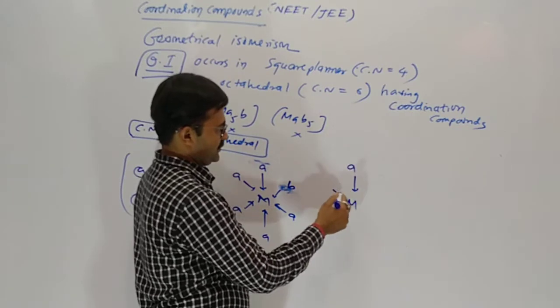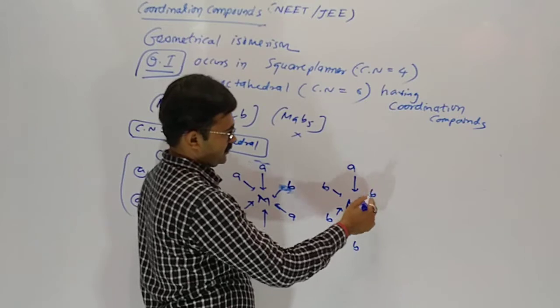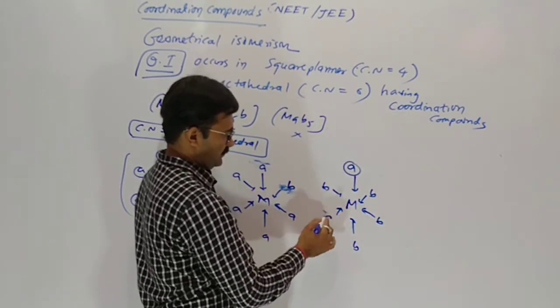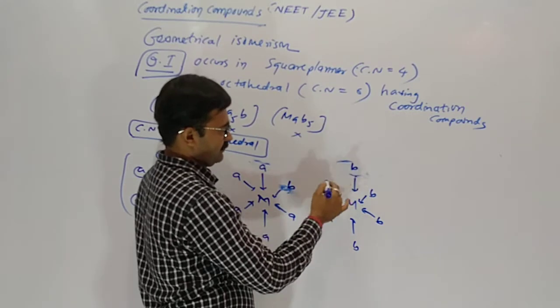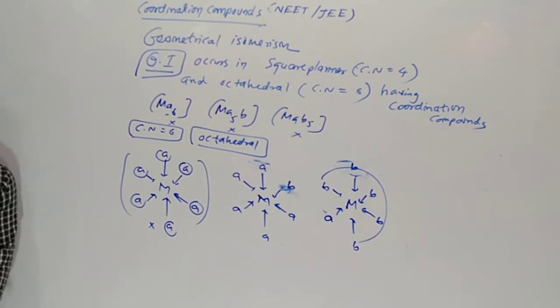If A is 1 and B is 5, this one also is not giving, as we change the place of B, all the A remain the same. So this type of entity never gives geometrical isomerism.